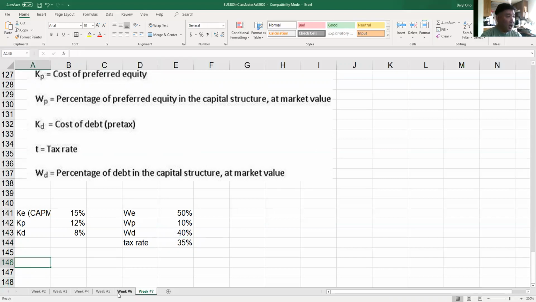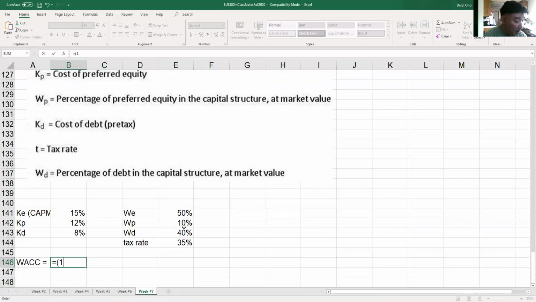The weighted average cost of capital is equal to, so let's do the common equity first. That's going to be equal to 15% times 50%. Then 12% times 10%.